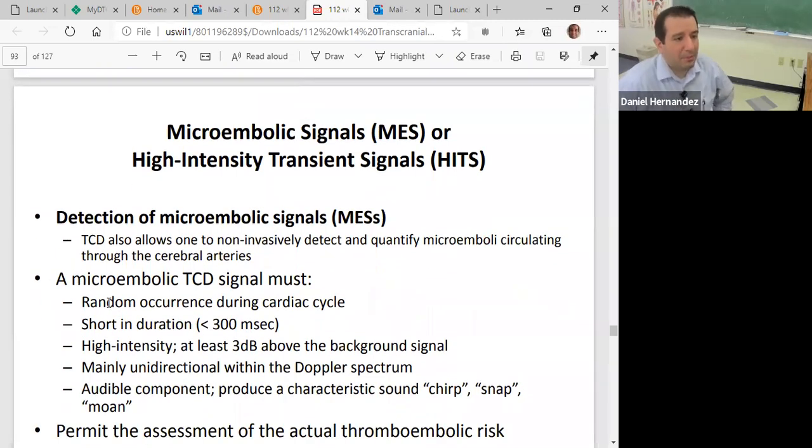A microembolic TCD signal must be random in occurrence during the cardiac cycle, be short in duration, less than 30 milliseconds, and have a very high intensity, at least 3 decibels above the background signal.